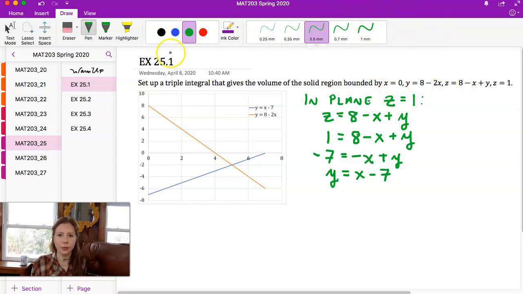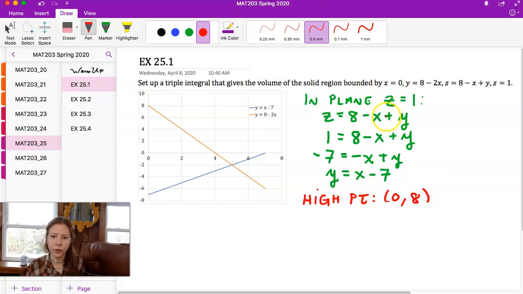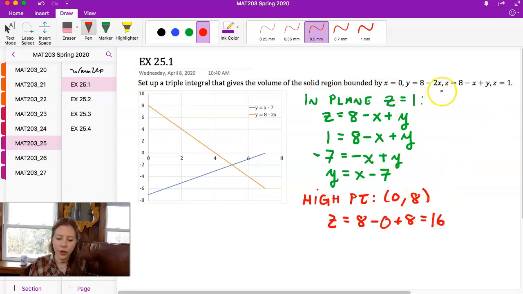So let's think about the highest point: z is equal to 8 minus 0 plus 8, which is equal to 16.